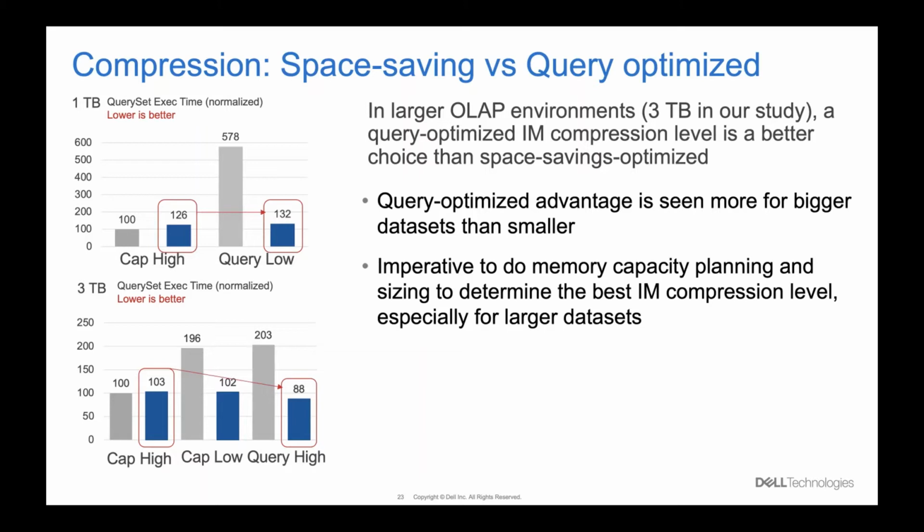About 20% of query processing time can be saved in that scenario, and the root cause for that behavior is that in the case of capacity high, almost all data has to be decompressed, as shown in AWR reports.